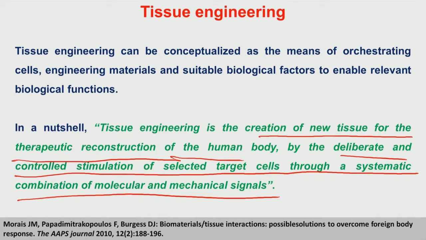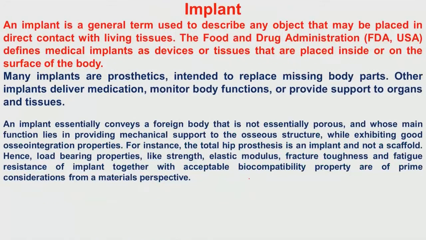Mechanical signals means that the scaffold itself has a certain elastic stiffness property. So, that elastic stiffness can also help in the mechanical signal transduction mechanisms. Implant has also been sufficiently mentioned in the last module, and it is a general term used to describe any object that may be placed in direct contact with living tissue.